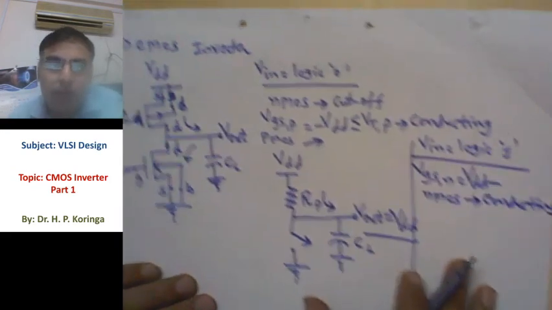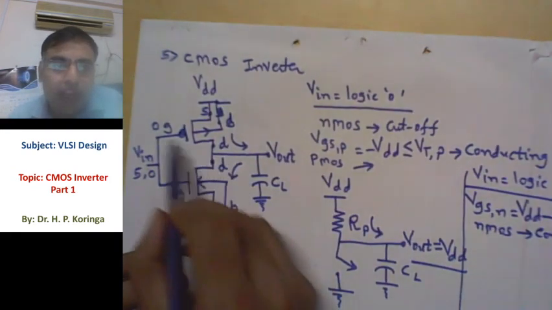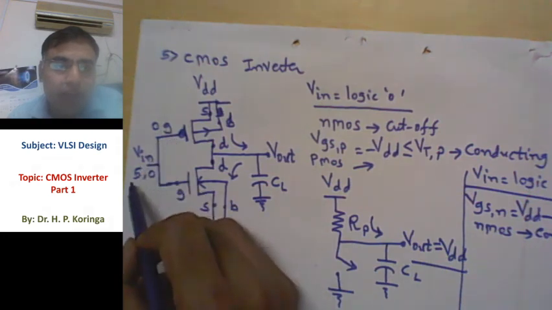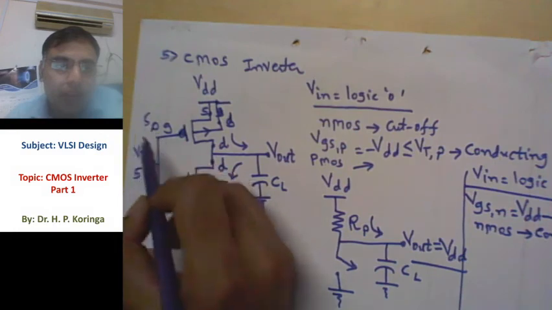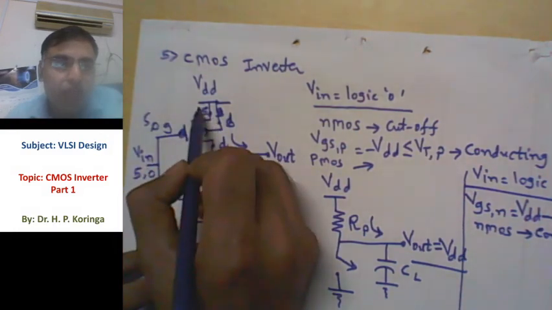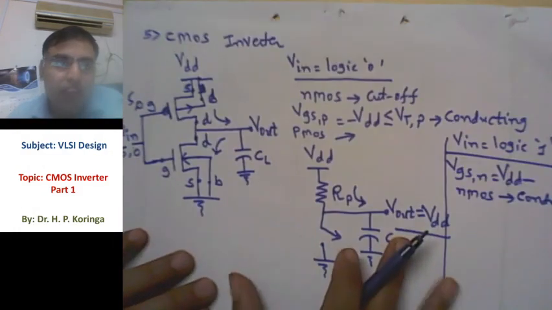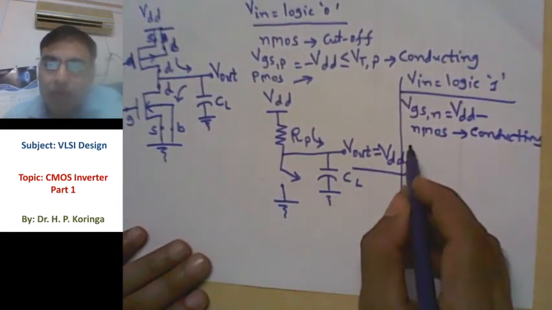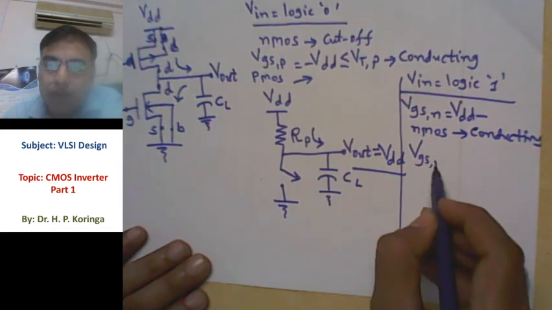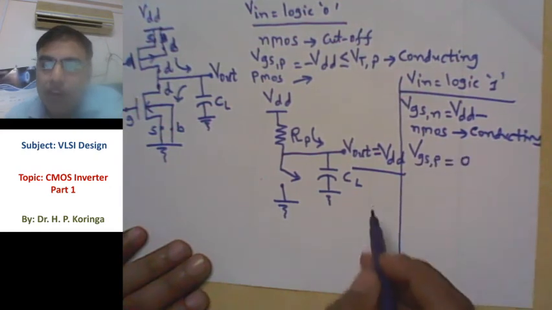What about the PMOS? The gate terminal of the PMOS is connected to VDD, right? And the source terminal is also connected to VDD. So VGS of the PMOSFET is 0.